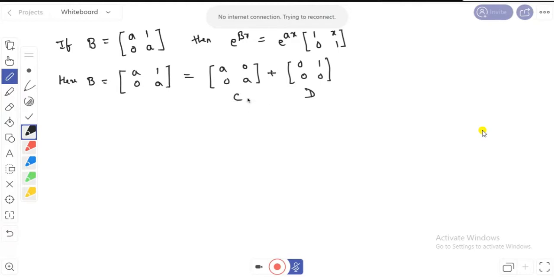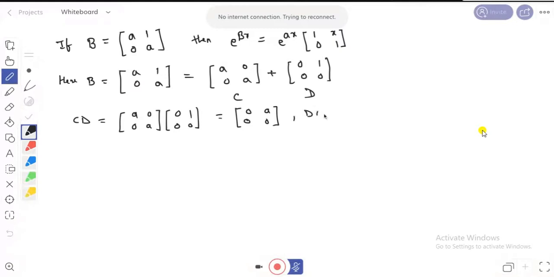Okay, so if we check the product CD, CD is a, 0, 0, a multiplied by 0, 1, 0, 0. So this equals 0, a, 0, 0. And what about DC? Here 0, 1, 0, 0, and C is this thing.